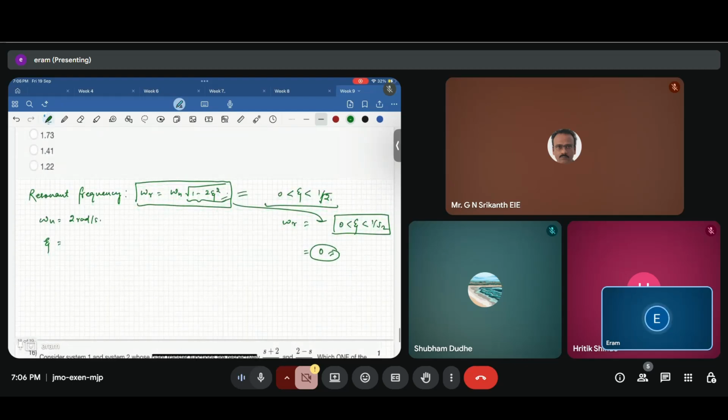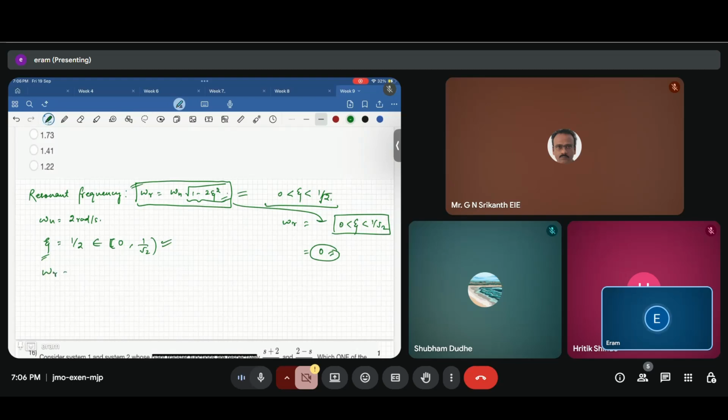So zeta is 1 by 2, is it within the range or not? We got zeta equals 1 by 2. Is it in the range of 0 and 1 by root 2? Yes, the zeta lies in this range. So our resonant frequency we can calculate using this formula.